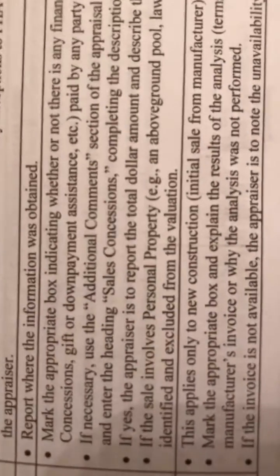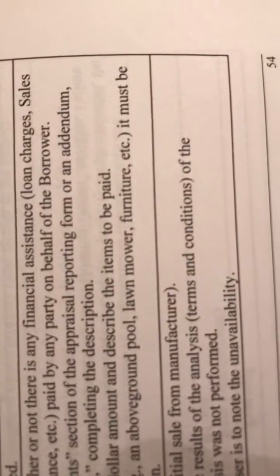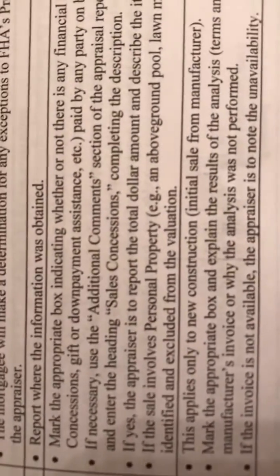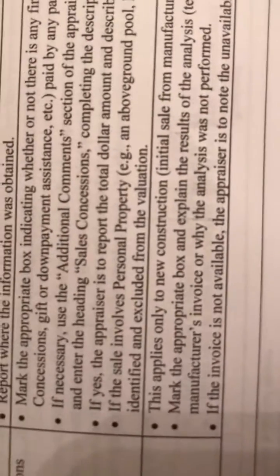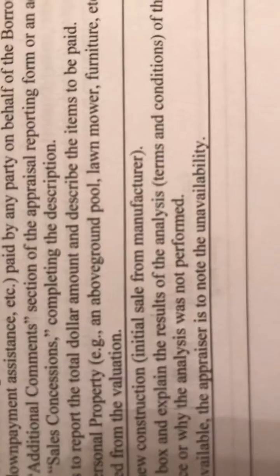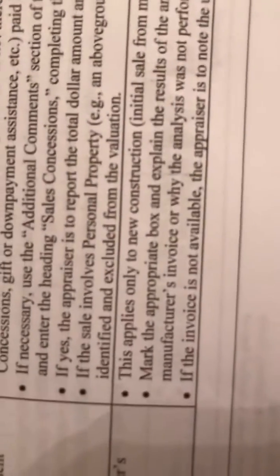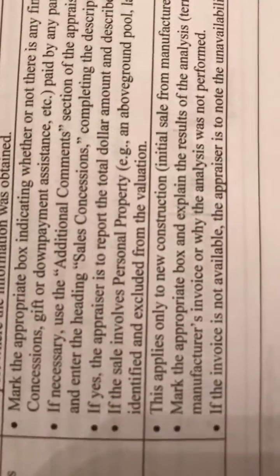If necessary, use the additional comment section of the appraisal reporting form or an addendum, and enter the heading Sales Concessions, completing the description. If yes, the appraiser is to report the total dollar amount and describe the items to be paid. If the sale involves personal property, for instance, an above-ground pool, a lawnmower, furniture, etc., it must be identified and excluded from the valuation.